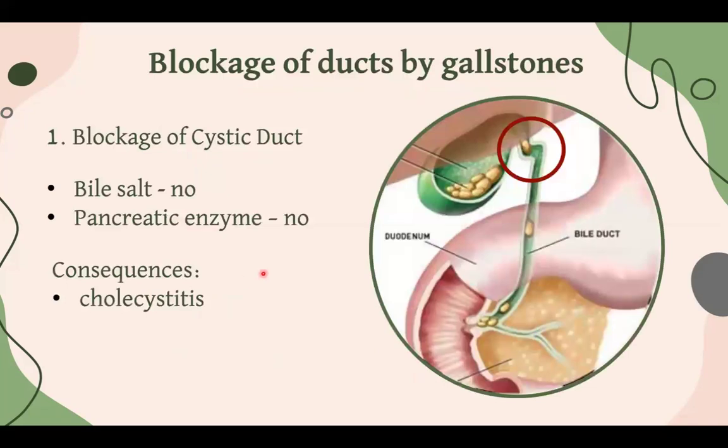Now these gallstones can block different parts of the ducts. Starting with the cystic duct, if the gallstone blocks the cystic duct, the gallbladder won't release bile into the common bile duct, right? Does that mean we'd have no secretion of bile salts? What do you guys think?